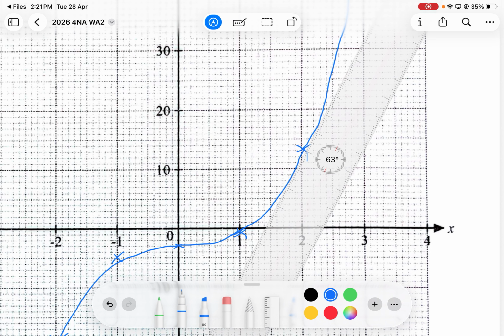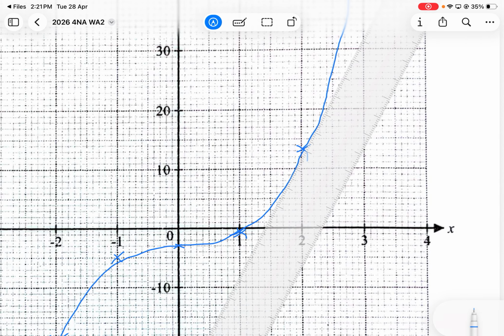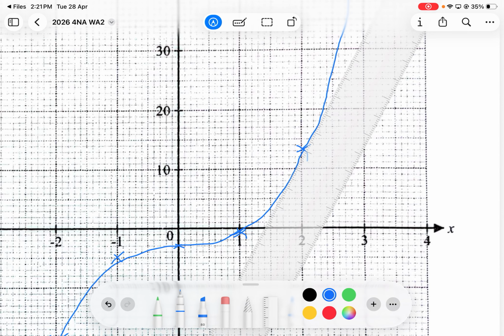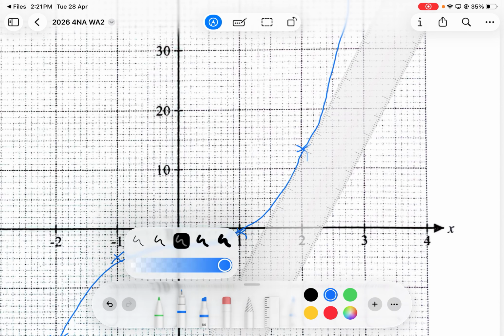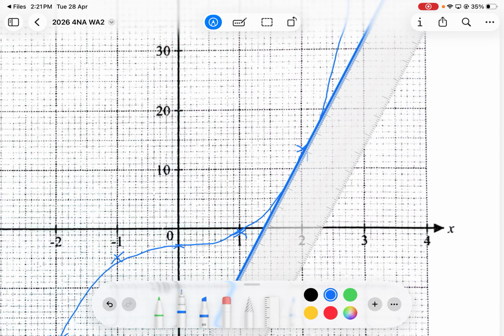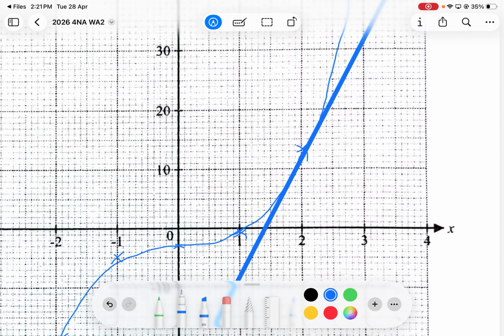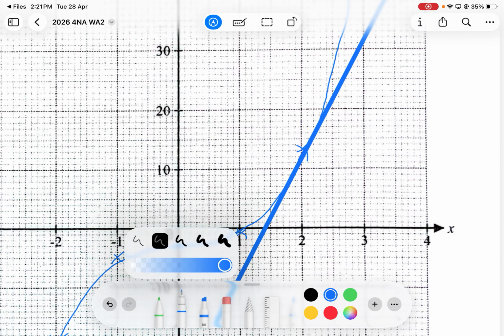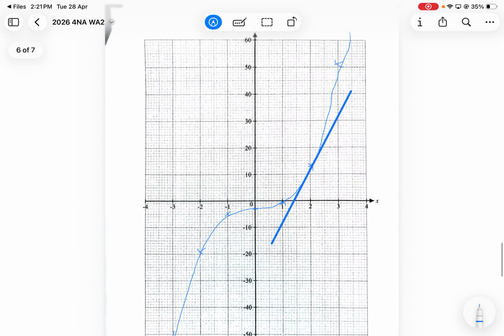And it should be touching my graph. Like that. Then I go and find the gradient of this line. The gradient of this line will help me estimate the gradient at this point.